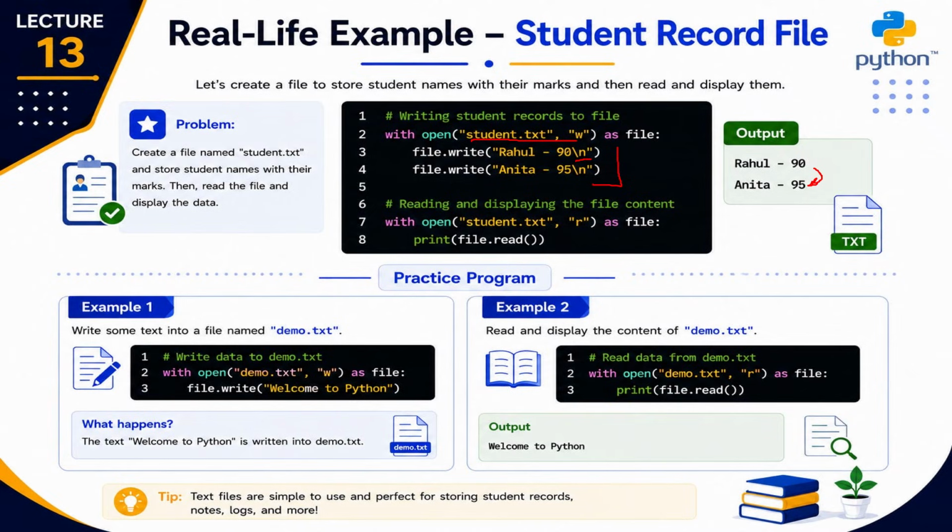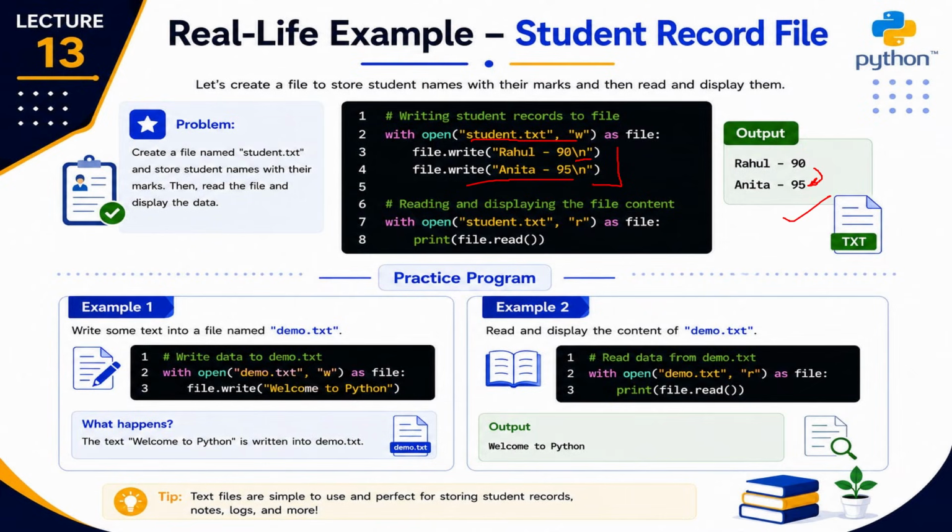The second write statement stores Anita's name and marks, and then again \n moves to the next line. So after running this code, you can see the output here.